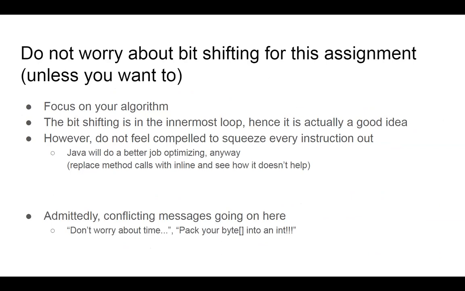And what I'm going to encourage you to do is focus on your algorithm. But if you're interested in optimizing this process, you can hop onto office hours or talk to one of us. There are ways to really improve the performance of this, including bit shifting; surprisingly, just packing the k-mers into the ints can be a huge amount of the cost.